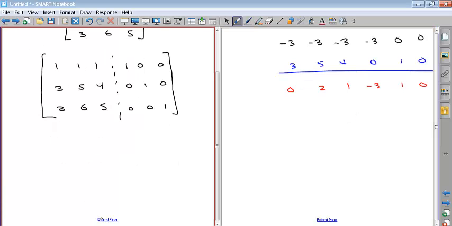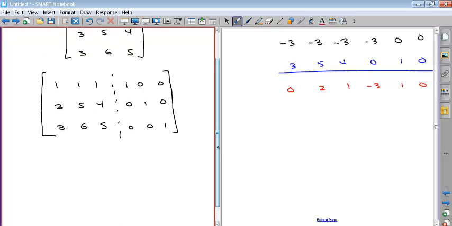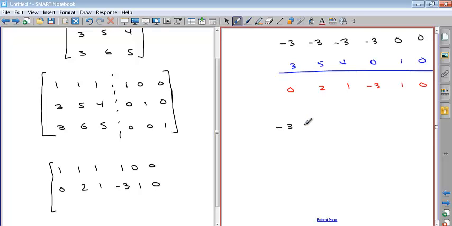So let's go ahead and do that over here. So the first row stays the same for right now. The second row will now become 0, 2, 1, -3, 1, 0. Okay, now again, use the same multiplier of the first row, which was -3.